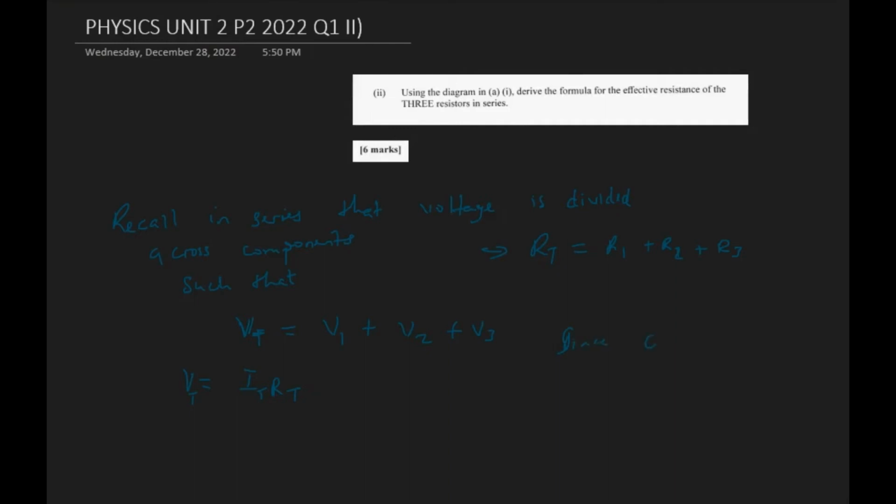Since current is constant, or remains the same, in series, it means that across all of the resistors, it will have the same current that is supplied by the power source.